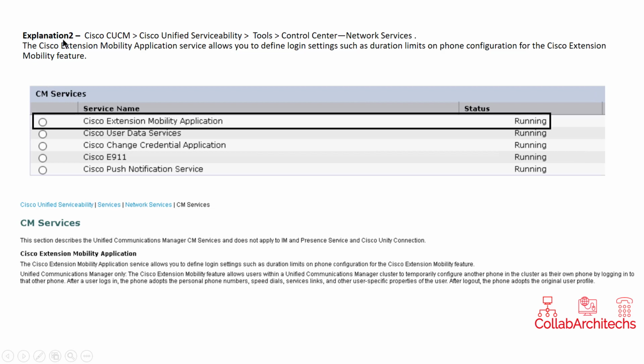So in explanation 2, I have mentioned what is the correct answer. The correct answer should be Cisco extension mobility application. And how you can find that service, you need to go to the call manager, then the serviceability page, then tools, then you need to go to the network services. Okay, and the explanation that I have mentioned here is because this mobility application service is the service that will allow the Cisco extension mobility feature to work on that IP phone.